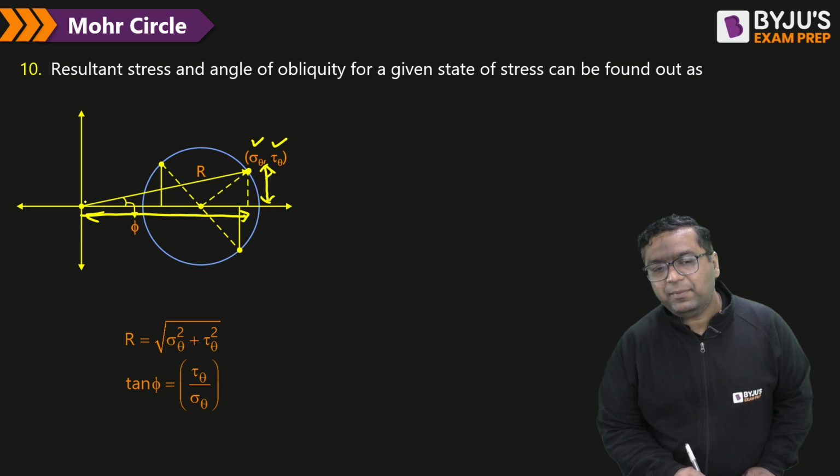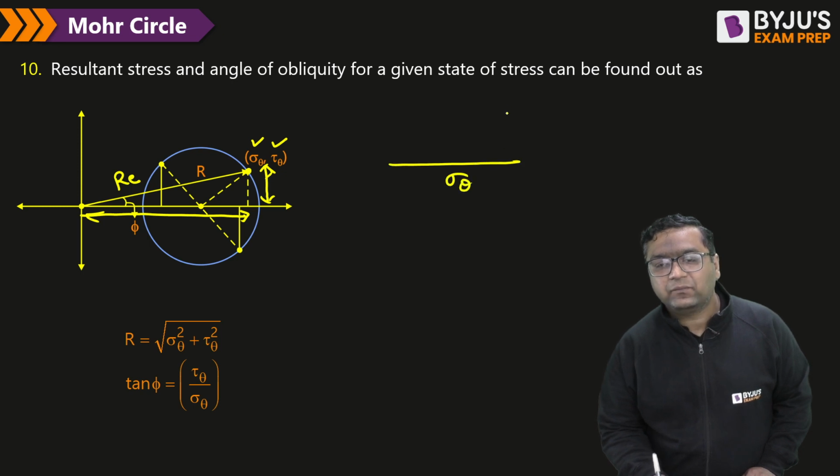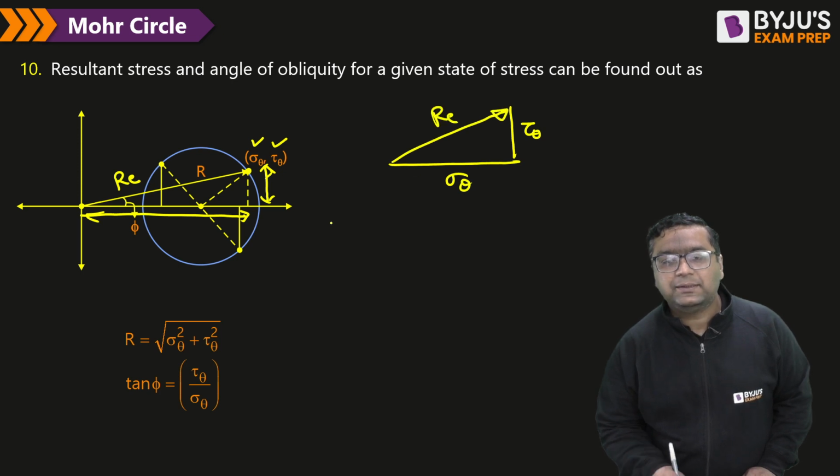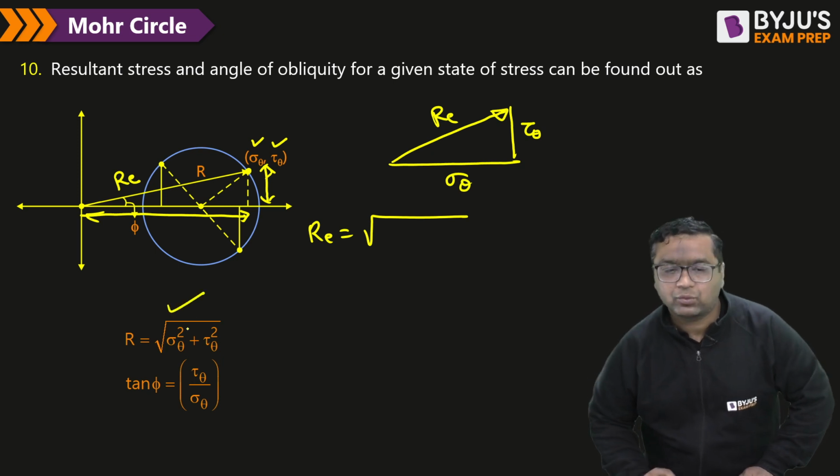So if I make a triangle from the origin, then my dear, this is the resultant. So you can see this is sigma theta, this is tau theta. So resultant can be found out how? Resultant can be found out by taking square root of sigma theta squared plus tau theta squared.